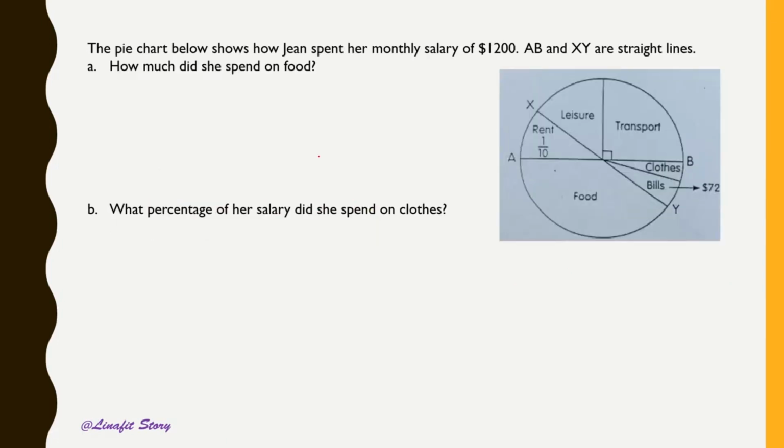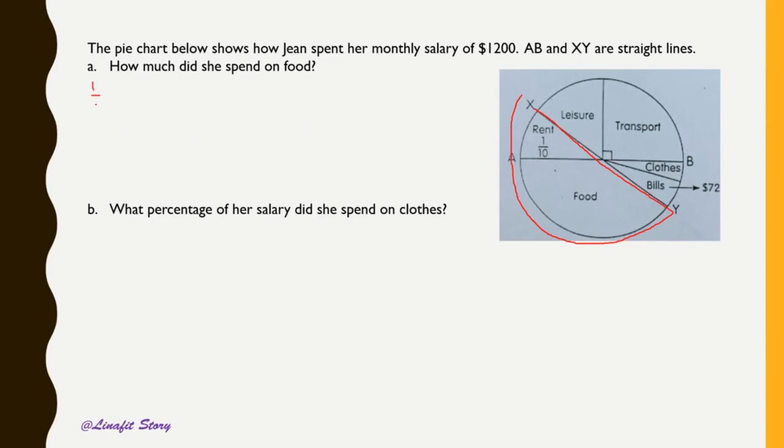The pie chart below shows how Jen spent her monthly salary of $1,200. AB and XY are straight lines. Question A. How much did she spend on food? So there is a semicircle. A semicircle is a half circle, consists of rent and food.